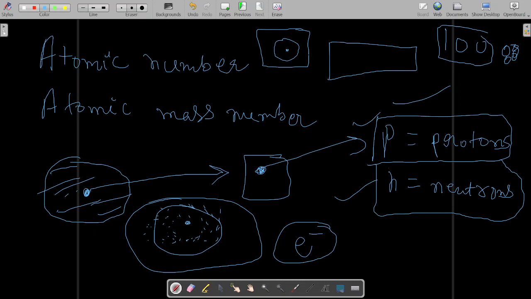Suppose a situation arises where you are able to isolate a single atom.